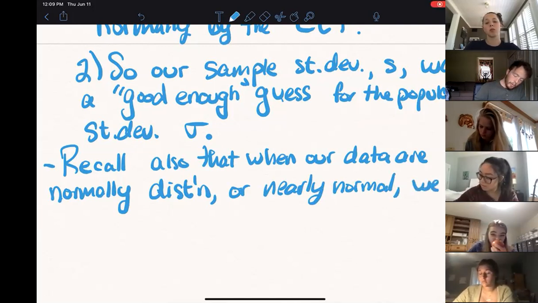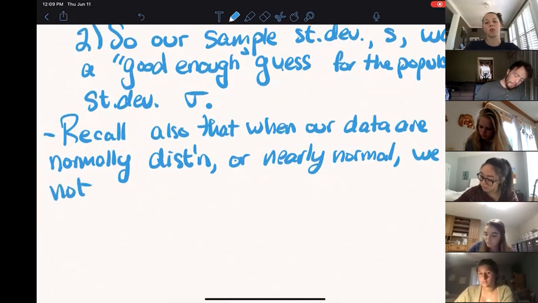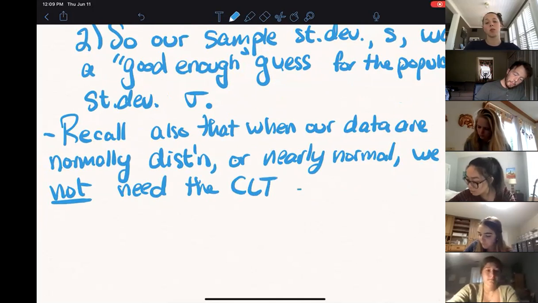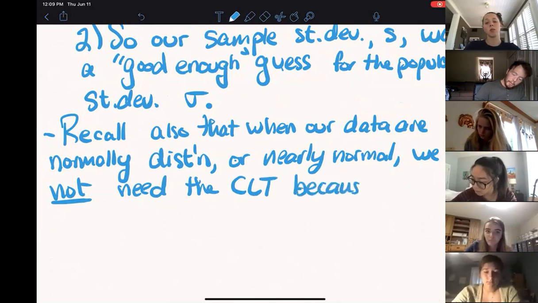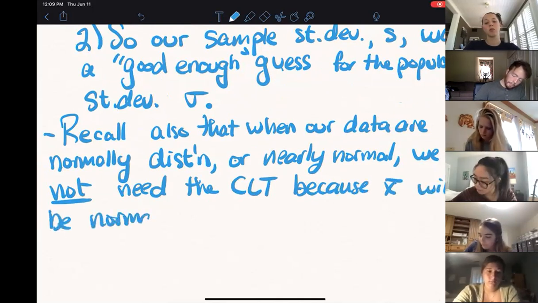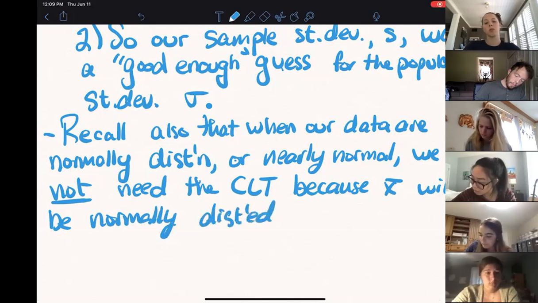We do not need the central limit theorem. Yeah, that's right. Because X bar will be normally distributed automatically.